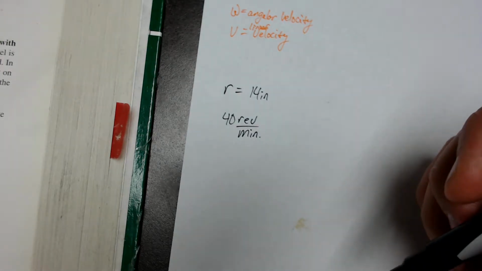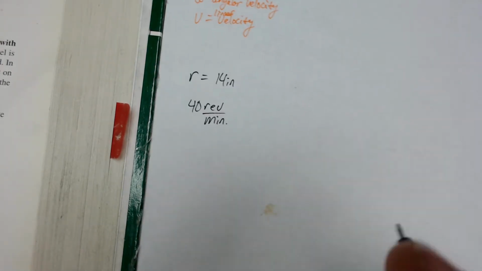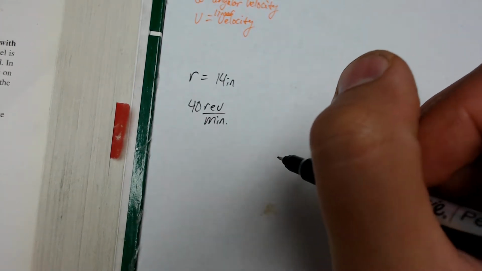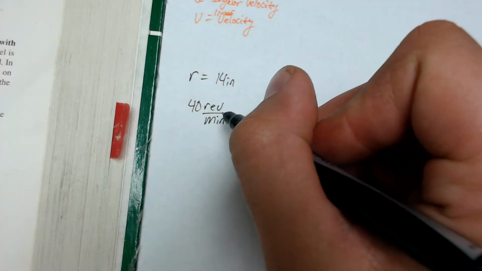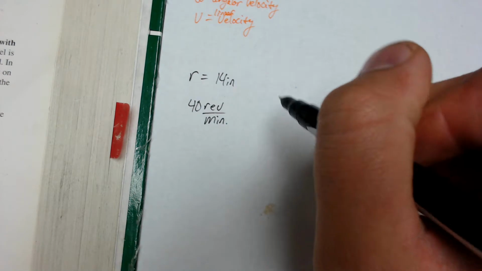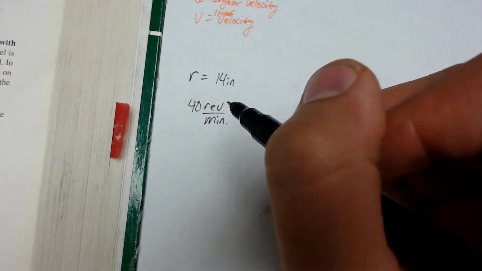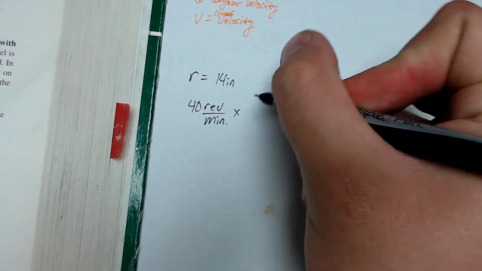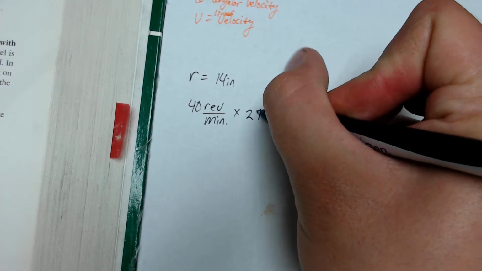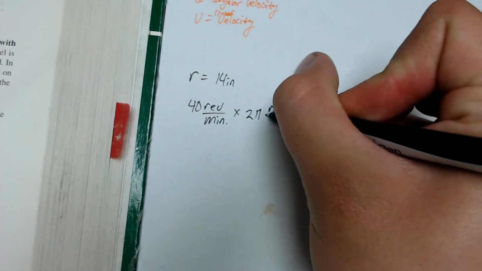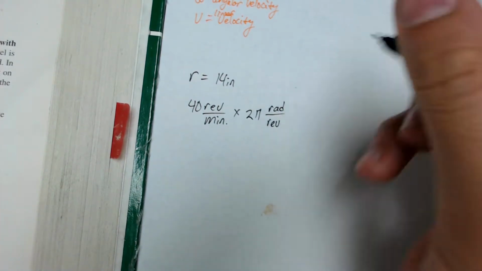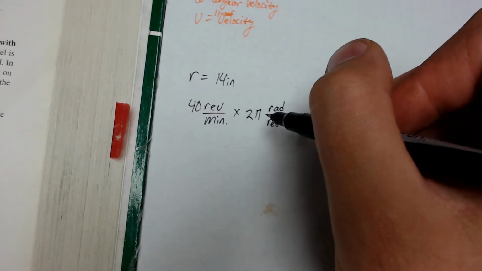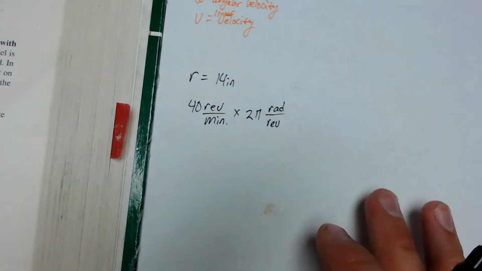How do we convert it to radians? Well, this is the exact same conversion rate: one revolution is one time around, so that would be one circle. So the conversion rate we're going to use is 2 pi radians over 1 revolution. That's one of the conversion rates that we would use.